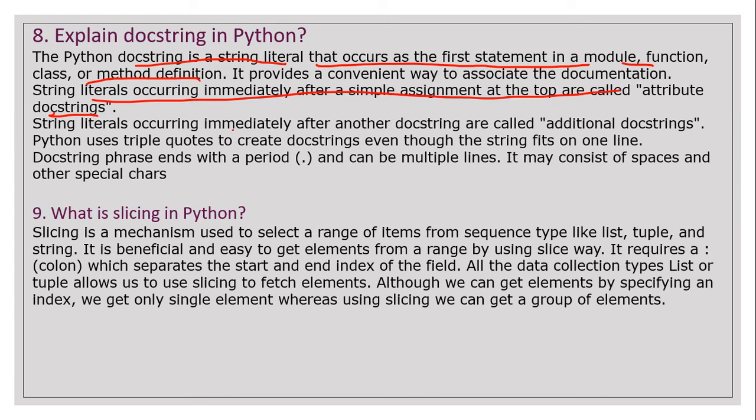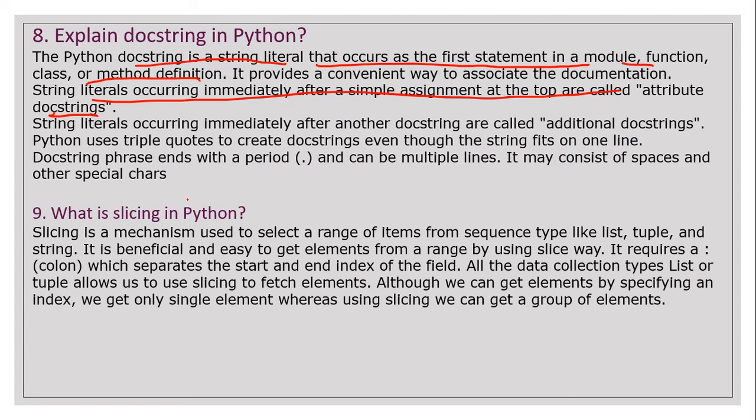String literals occurring immediately after another docstring are called additional docstrings. Python uses triple quotes to create a docstring even though the string fits on one line. A docstring phrase ends with a period and can be multiple lines. It may consist of spaces and other special characters.